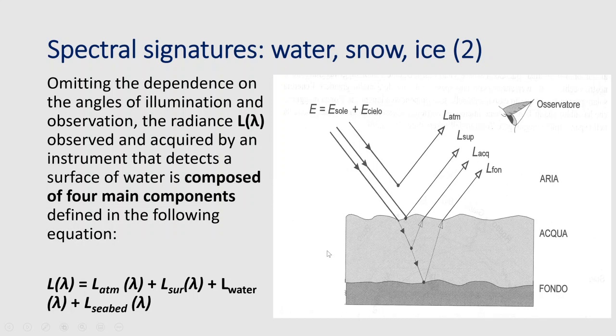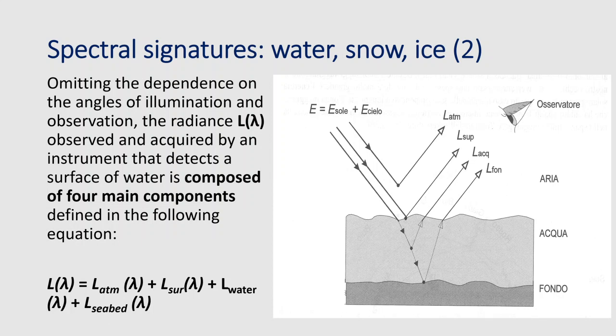Then the radiance that is coming from the water, the L water, that you see is something that is in the middle of the water, especially if we have a very thin layer of water, and then the radiance that could come from the seabed, so from the depth of the water, when the water is in contact with a solid state.